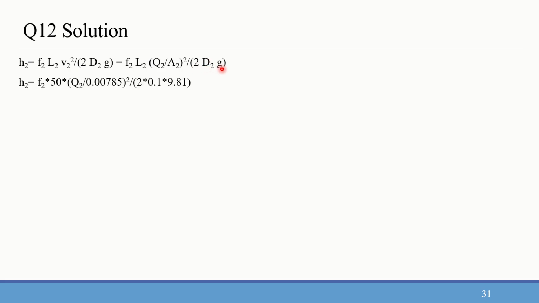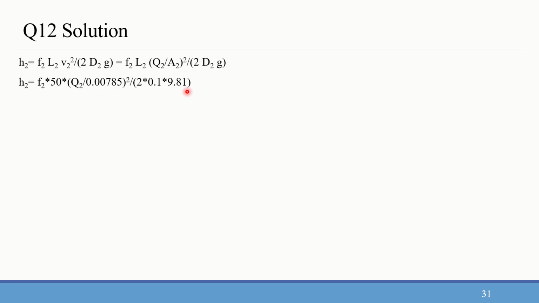And now we can substitute what are all the things that are known. L2 is 50 meters, A2 is 0.00785, D2 is 0.1, G is 9.81. So after substitution what happens?